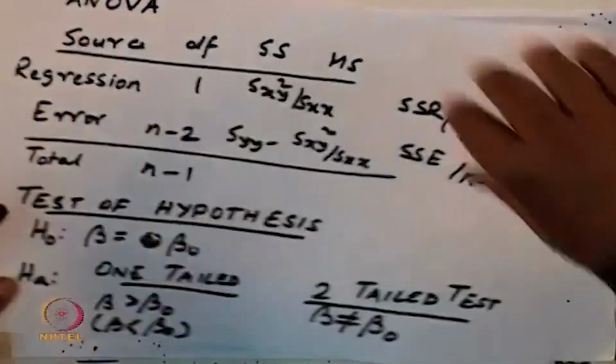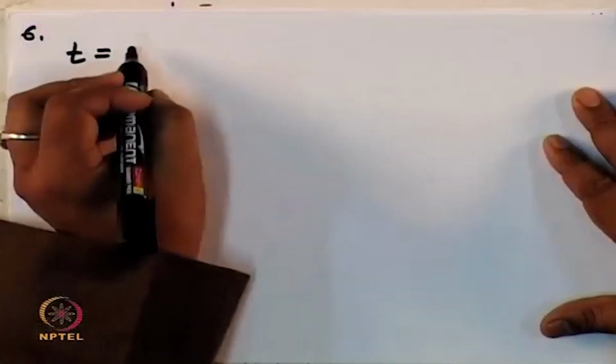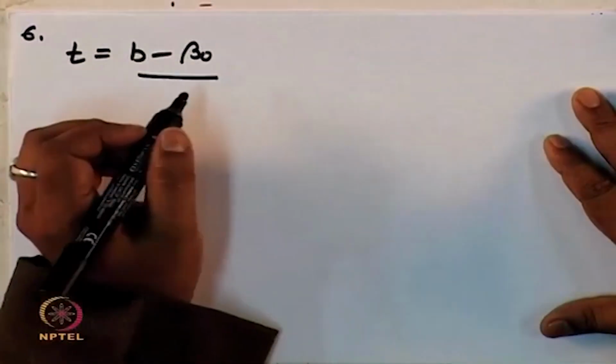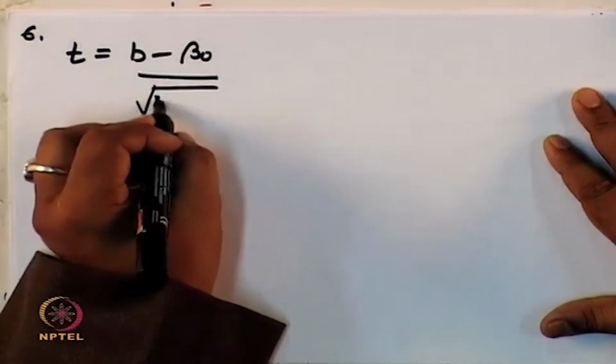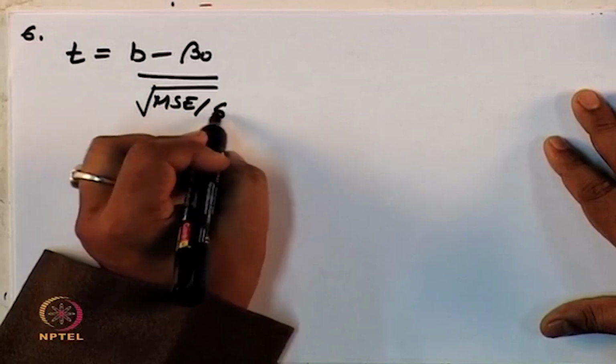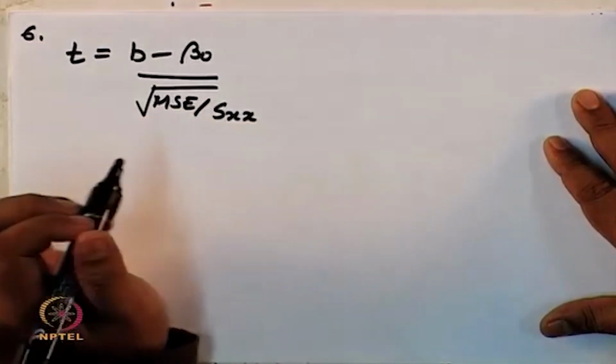Okay. So, for doing this we can use the student's t test to find out whether the hypothesis is correct or not. We can use the t statistic given by the expression beta minus beta naught by root of MSE by Sxx. Okay.